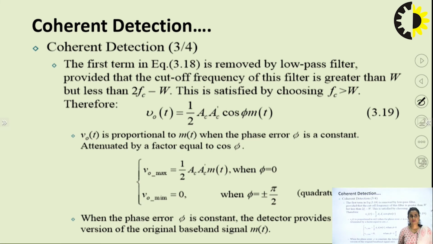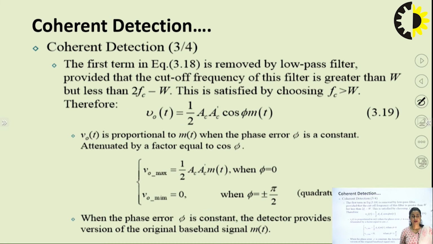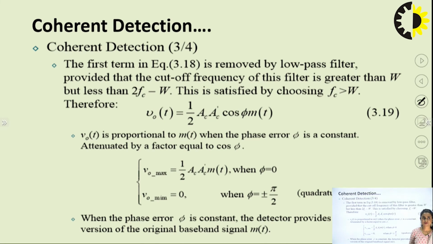So the first term of equation 3.18 is removed by the low pass filter. As it is demodulation and the first term has some carrier frequency, that will be rejected by the low pass filter, provided that the cutoff frequency of this filter is greater than W, true, but less than 2 Fc minus W. This is the band gap that we have to maintain.